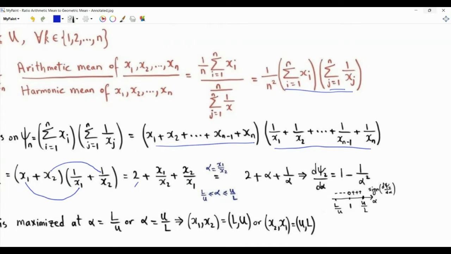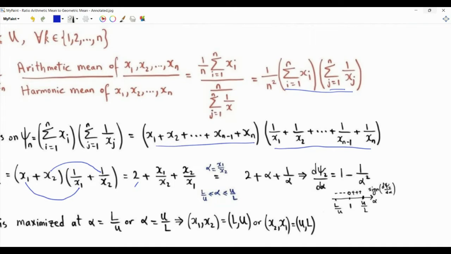Now, the derivative of this function to be maximized is 1 minus 1 over alpha squared, and this first derivative is 0 at alpha equal to 1. If alpha is less than 1, then 1 over alpha is greater than 1, and 1 minus 1 over alpha squared will be negative. If alpha is greater than 1, then 1 minus 1 over alpha squared will be positive.